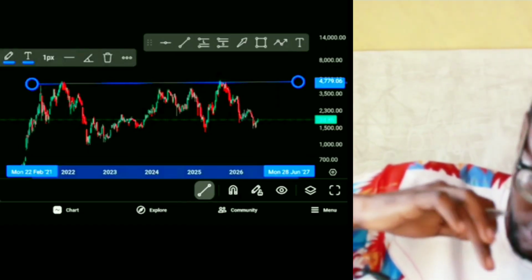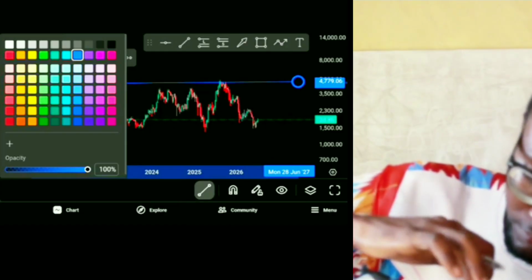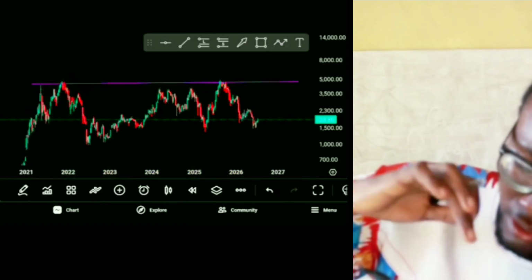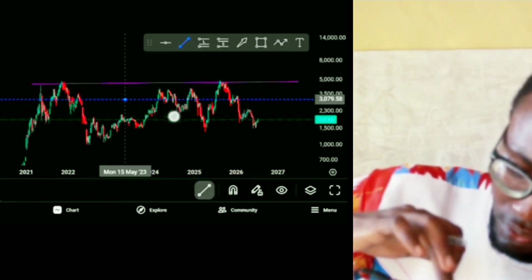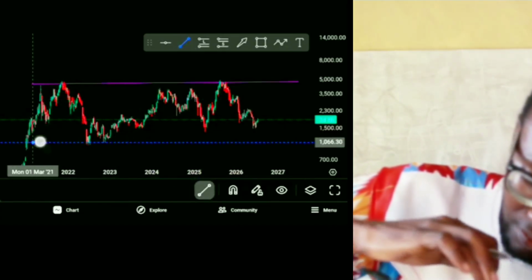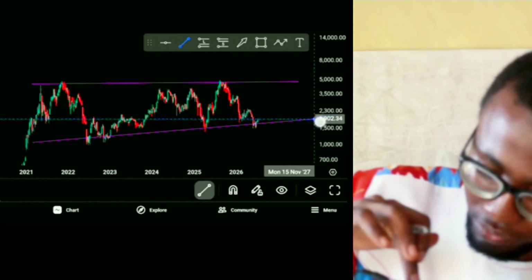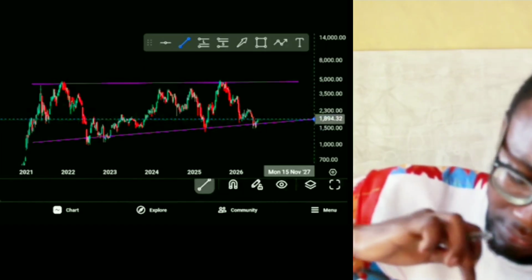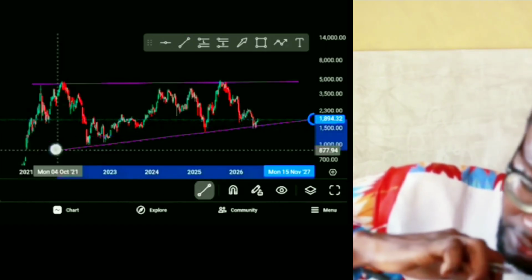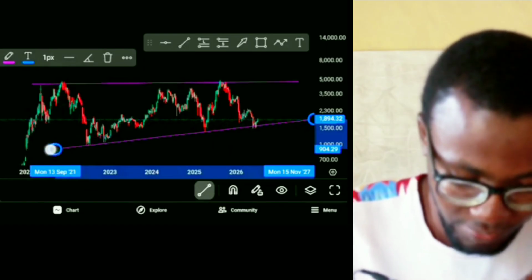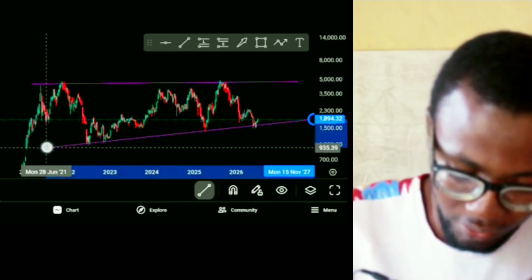So let me make this one purple. As I can see now, this 1 week time frame is a consolidation.